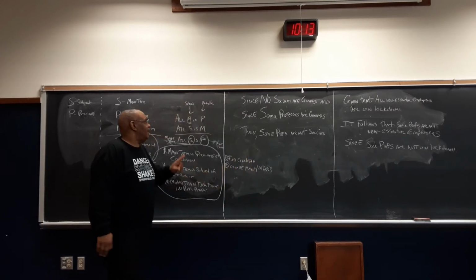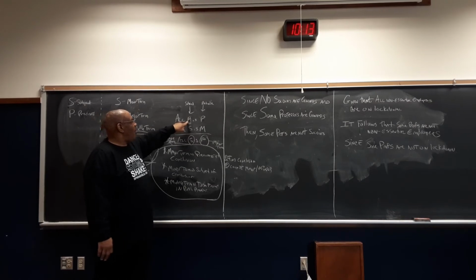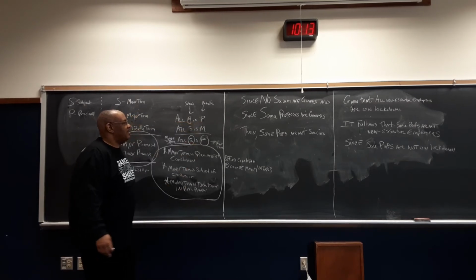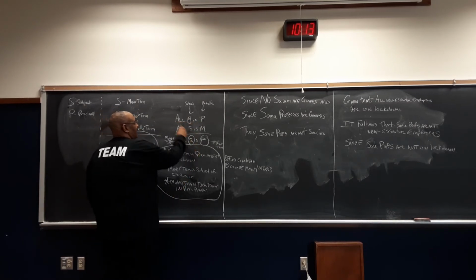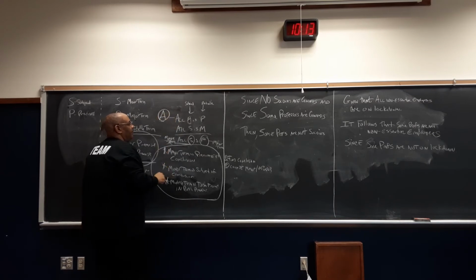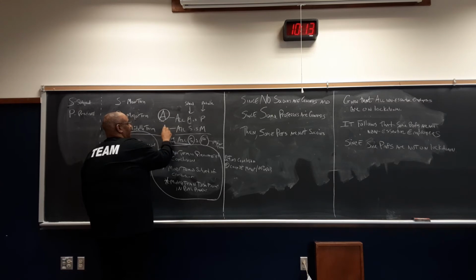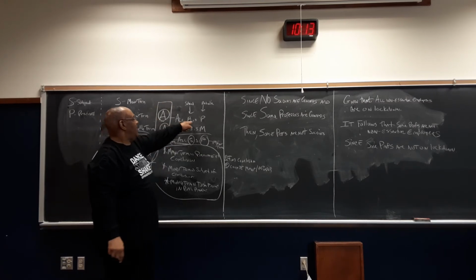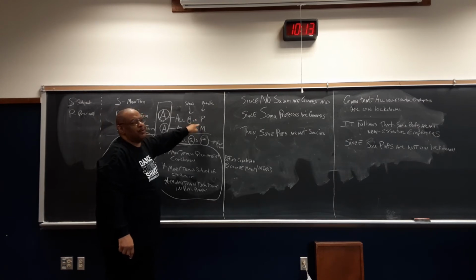What did I just say? If all M is P, and what proposition is that? It's an A, right? And this is A2. I'll tell you what this means in a second. All M is P is my major premise.